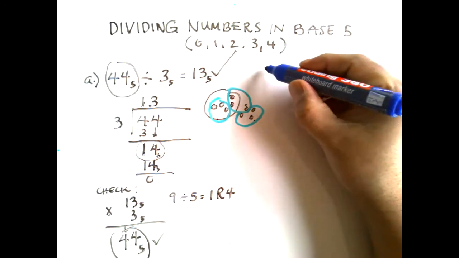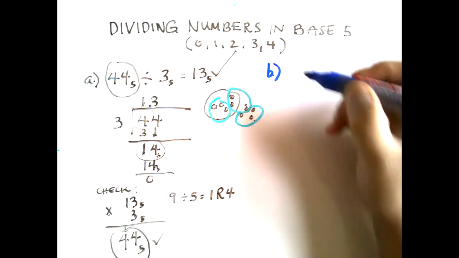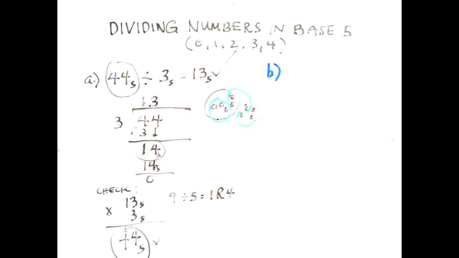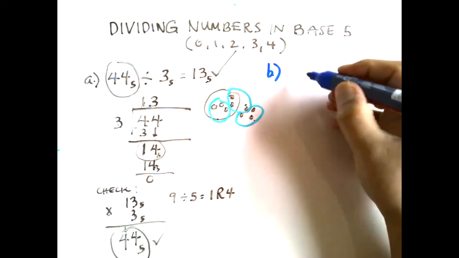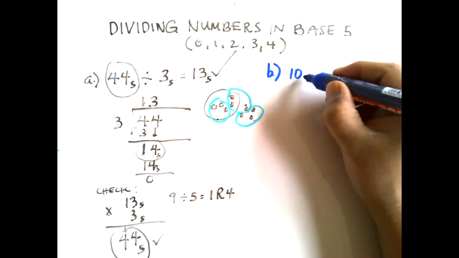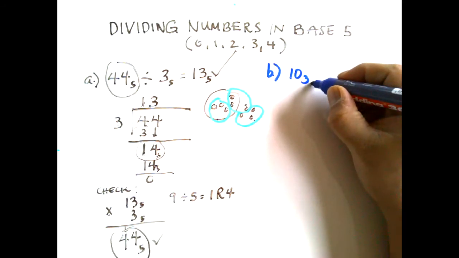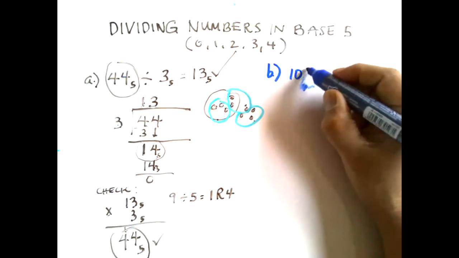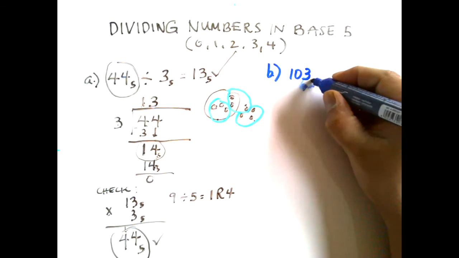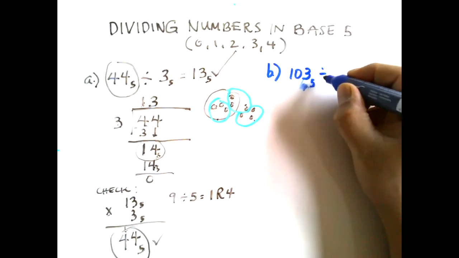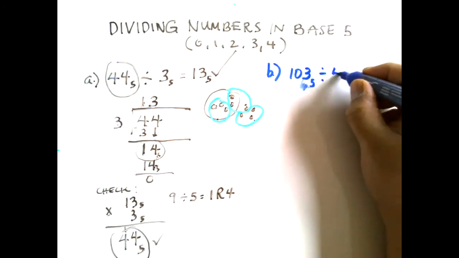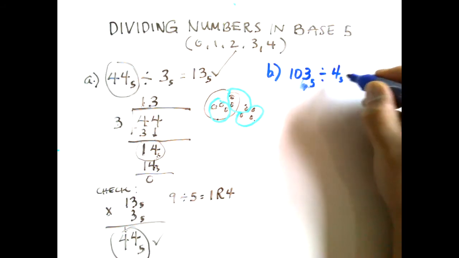Let's have question number 2. So let's have 103 in base 5 divided by 4 in base 5.